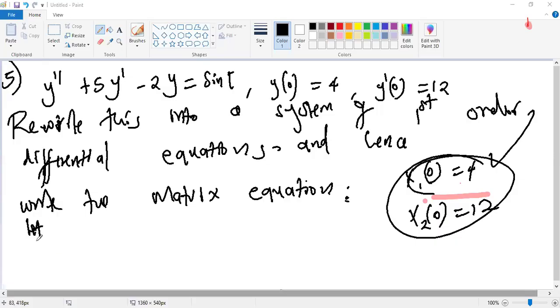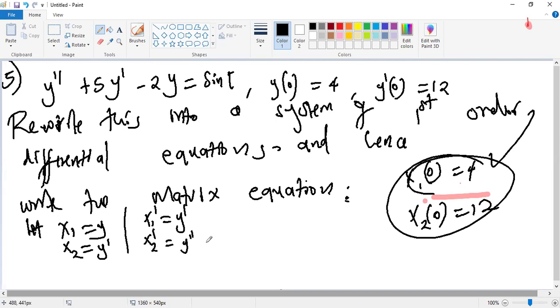You're going to say let x1 be equal to y, let x2 be equal to y prime. Then differentiating, we will have x1 prime is equal to y prime, x2 prime is equal to y double prime. Making y double prime the subject of the formula, we will have minus 5y prime plus 2y plus sine t.